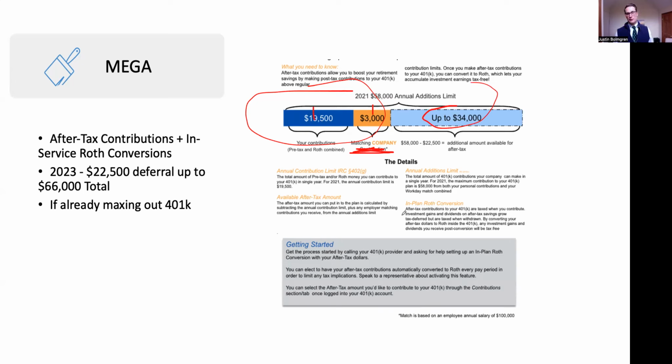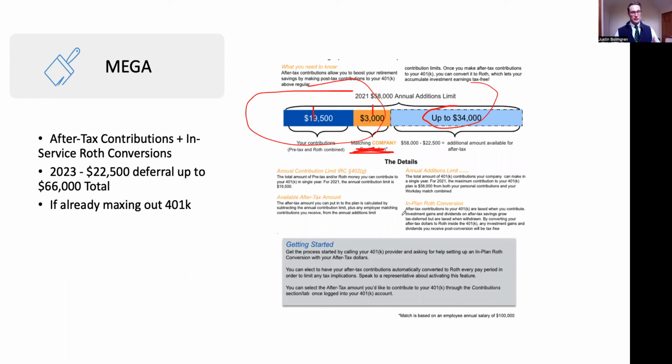So again, you might be able to tack on almost another $40,000 into the plan on an after-tax basis. So what do we do from there? We add up all of those, and then that's where the in-service Roth conversion comes in: we can take that after-tax amount and convert it to a Roth. So if the plan allows for that, we can contribute up to the maximum and then do that.